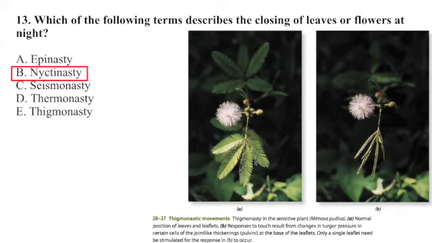These mimosa plants shown here are sensitive to touch. They grow on the sides of sidewalks here in Austin a lot. So I urge you, if you see something that looks like this, pet its leaves and they'll all close up. That's thigmonasty. Thermonasty would be movement in response to temperature.